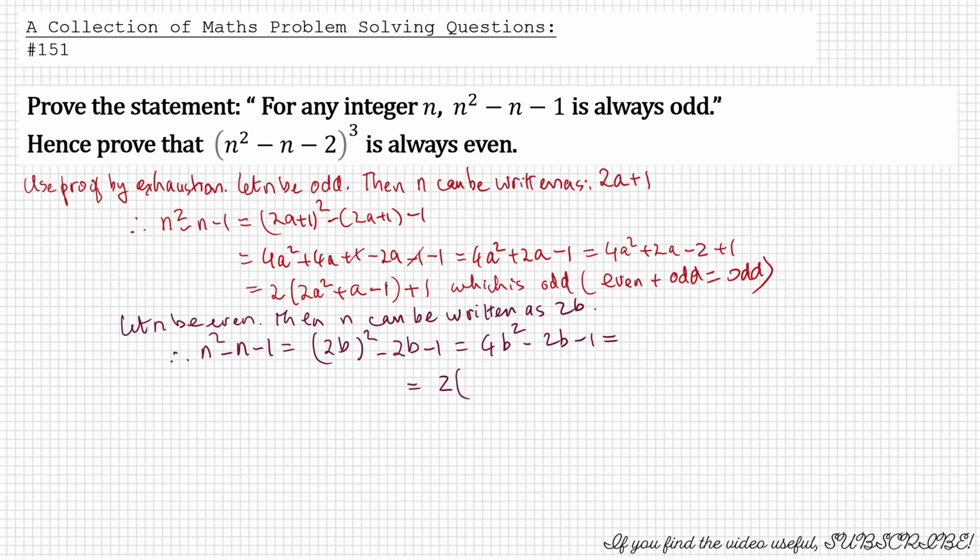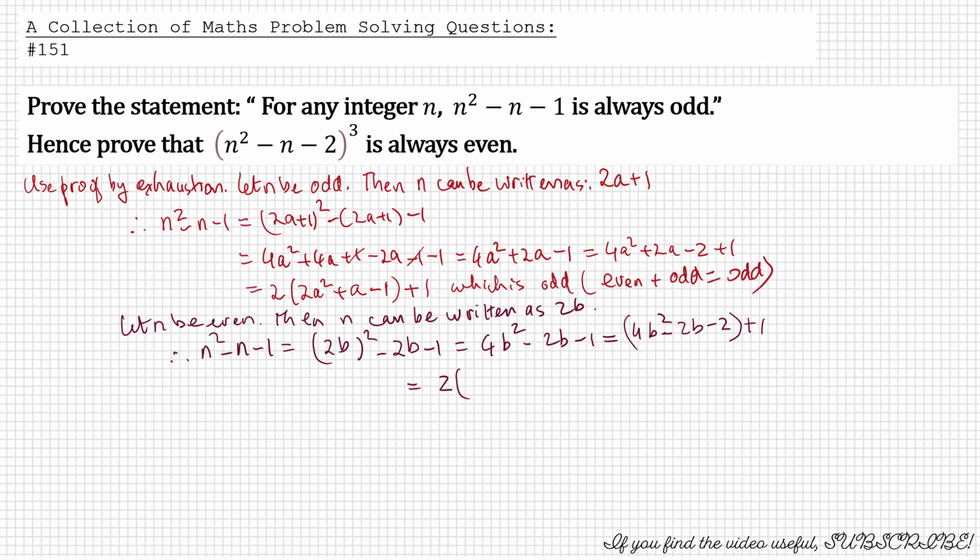We can say that would be 4b square minus 2b minus 2, and then plus 1. So keeping it in the same way, or we could have done it as minus 1 as well, taking 2 outside the bracket, because even minus odd would be odd.